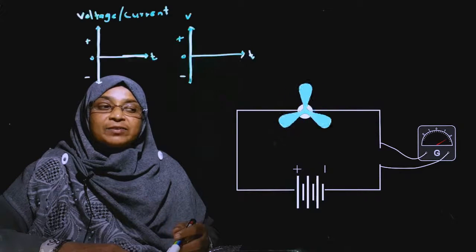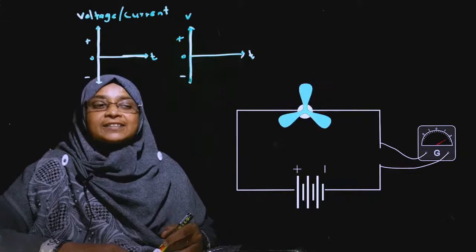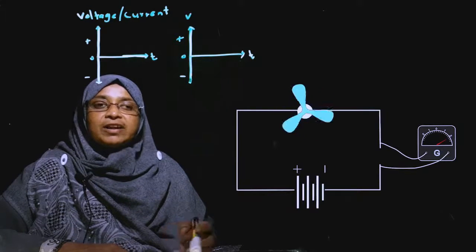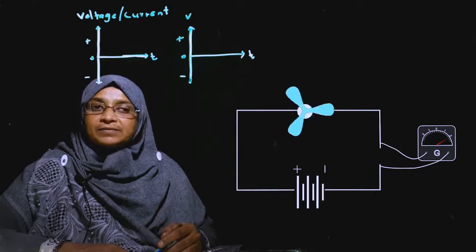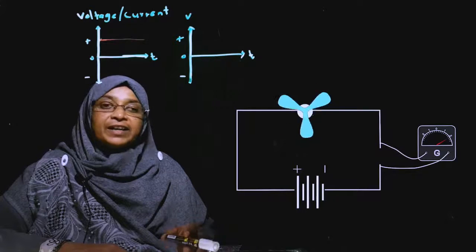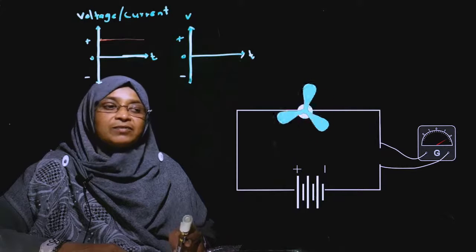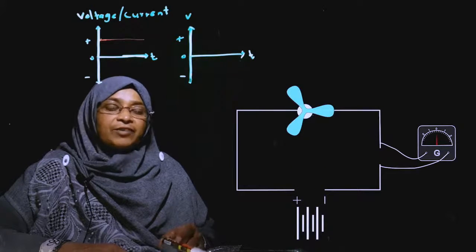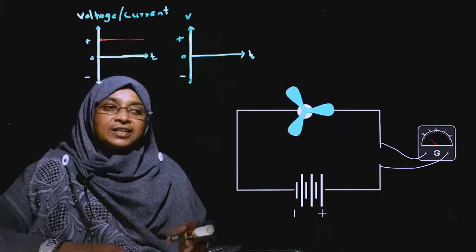Now the fan rotates clockwise, then the galvanometer indicates clockwise turns. It indicates the direction of the current flow. So in this cell, the current flows from the positive to the negative terminal. Here you can observe the voltage does not vary with time, and the direction is also in one direction. If we change the terminals of the battery, the direction changes.